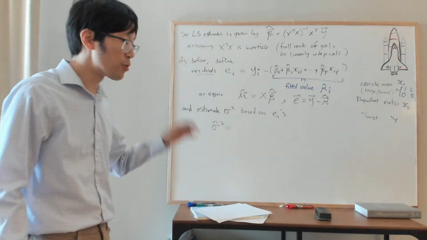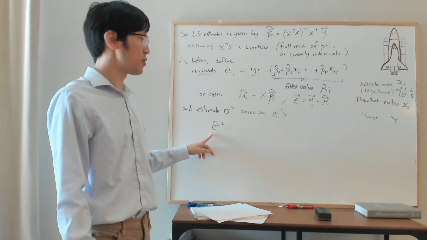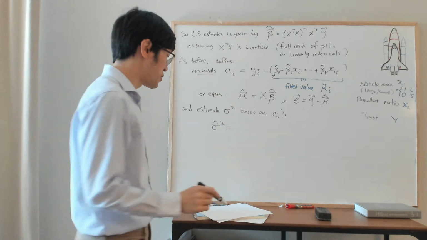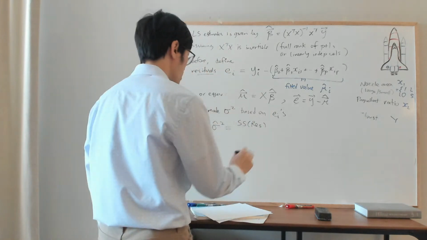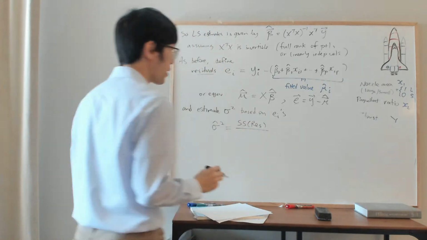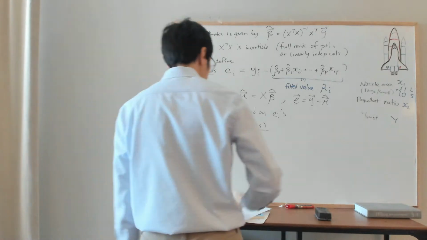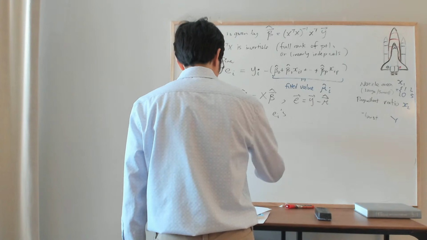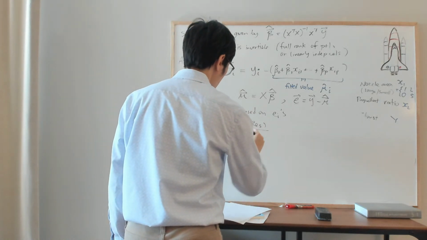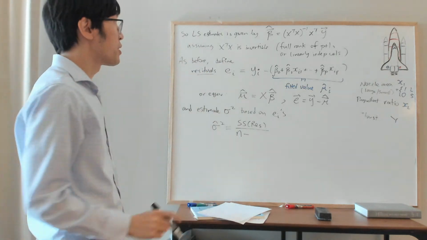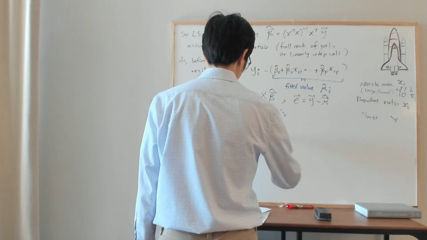Now let's remember how we got sigma squared hat in the simple linear regression case. On the top was the sum of squared residuals, and on the bottom, when we had one predictor and an intercept, it was n minus 2. We also call this the degrees of freedom. If you recall, it was n minus the number of estimated model parameters. In this case, there are p plus 1 of them.